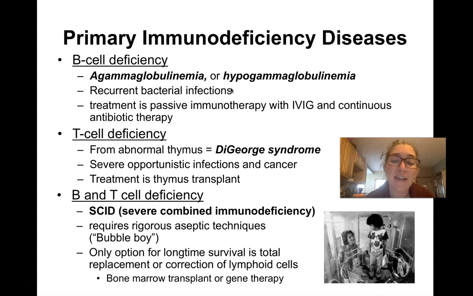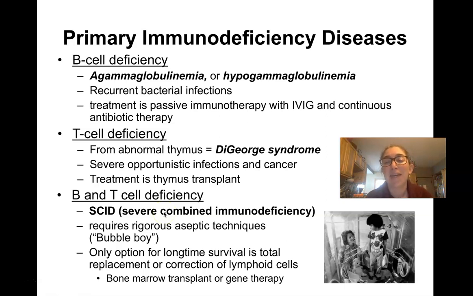And then lastly, there are different forms of this disease that result in B and T cell deficiencies, and we call them SCID, or severe combined immunodeficiency. It's severe because you have a loss of the combination of B and T cells.